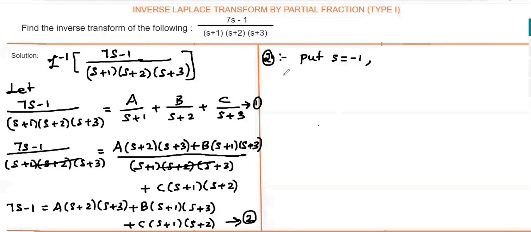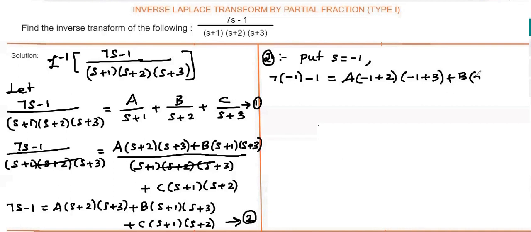On the left hand side, I apply 7 times negative 1, minus 1, equals A times (negative 1 + 2), in the place of s applying negative 1. For B, see here it is s + 1, so applying negative 1 plus 1 becomes 0. Zero times anything, so B becomes 0. Also C will become 0. So B times 0 plus C times 0.